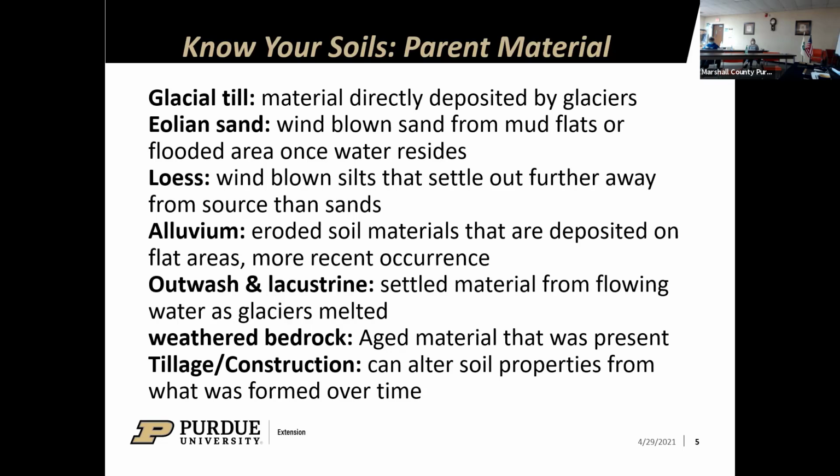And lacustrine areas are old lake beds where the fine material settled out. The clay and silts make up more of those soils' properties. In Ohio, there's a huge area that's high in clay content because it used to be an old lake bed.